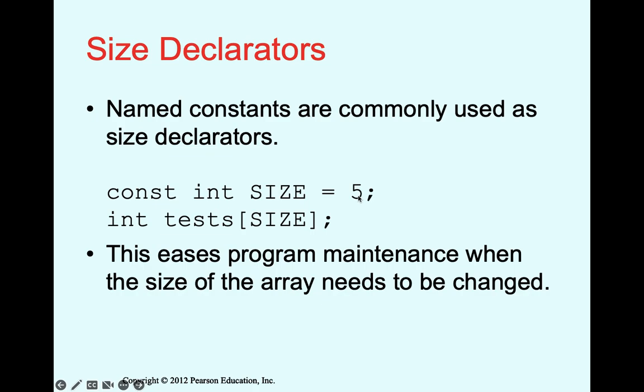Because maybe later you change your mind and want to make the array 10, you just change this. Usually you will use the size of the array later in loops, so instead of changing all these numbers in the loops, you just change the size here, and it will be changed everywhere you use the size of the array.